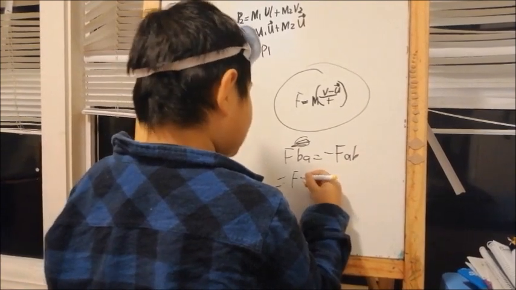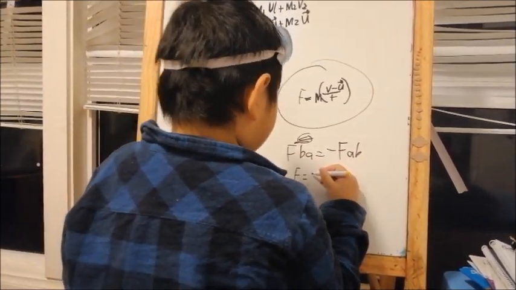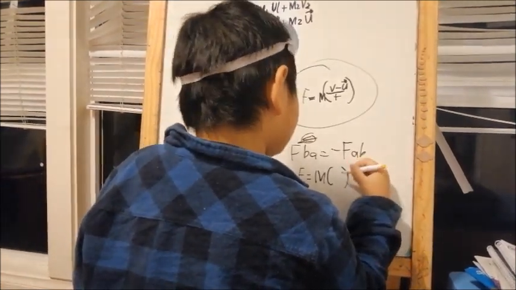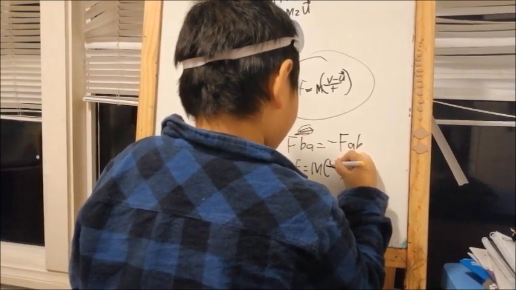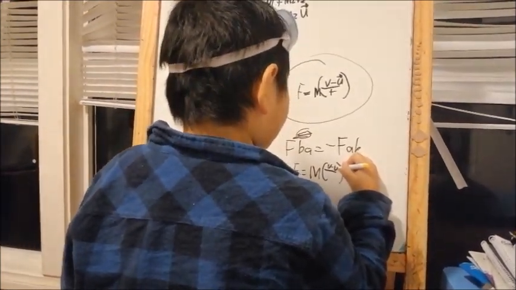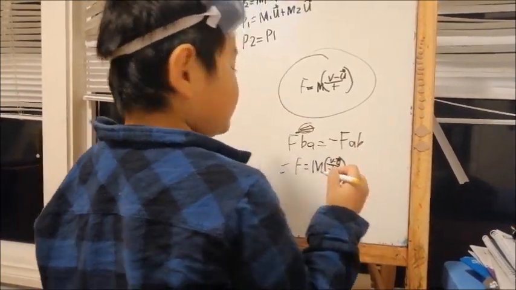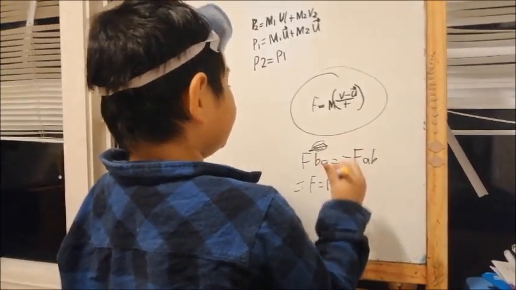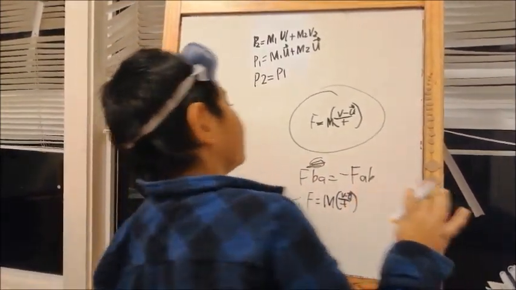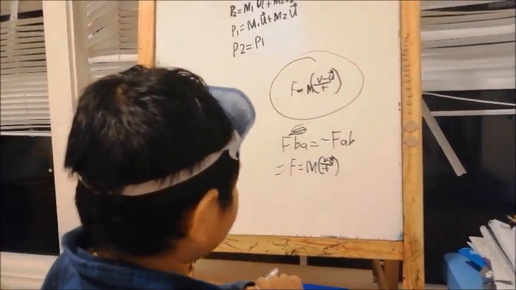So it's basically saying that FBA equals F equals m, the ending velocity minus the starting velocity over the time taken. Because it's ball 1, we have to make all of these 1. Make sense? So just add the 1.